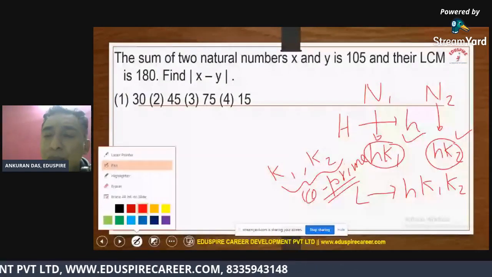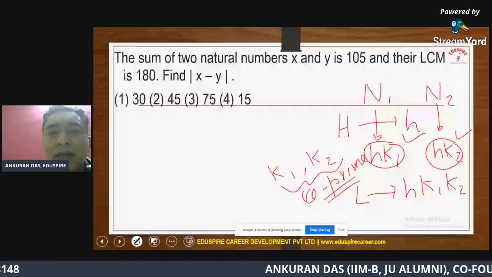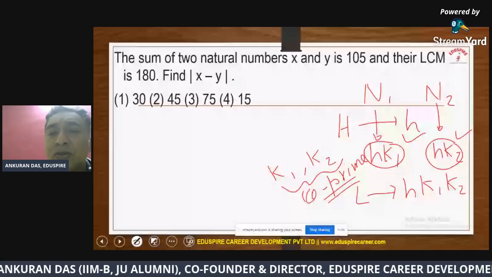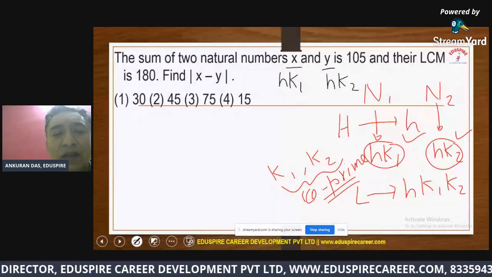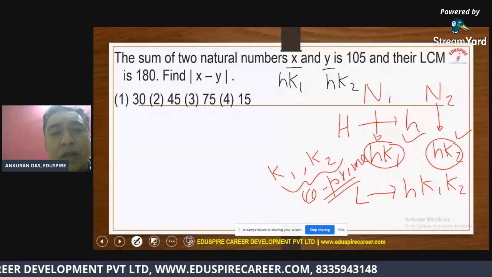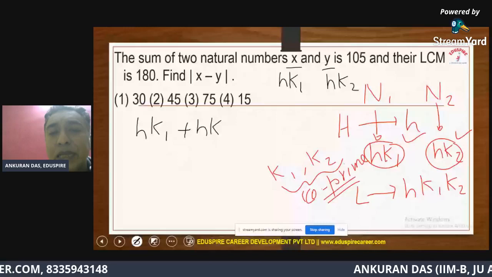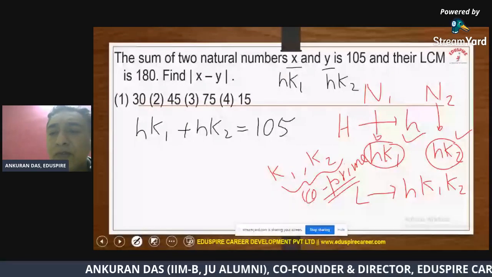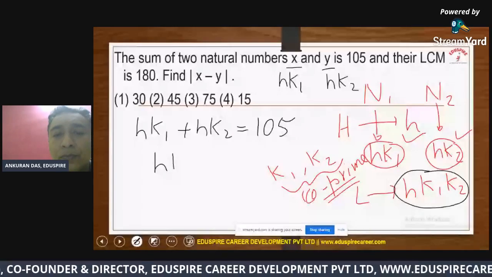So let us look at that. So first of all, they have said that the two numbers are x and y, so I'll express those as H K1 and H K2 respectively. So I can definitely say H K1 plus H K2 is equal to 105. All right, and then from this property we can write H times K1 K2 will be equal to 180.